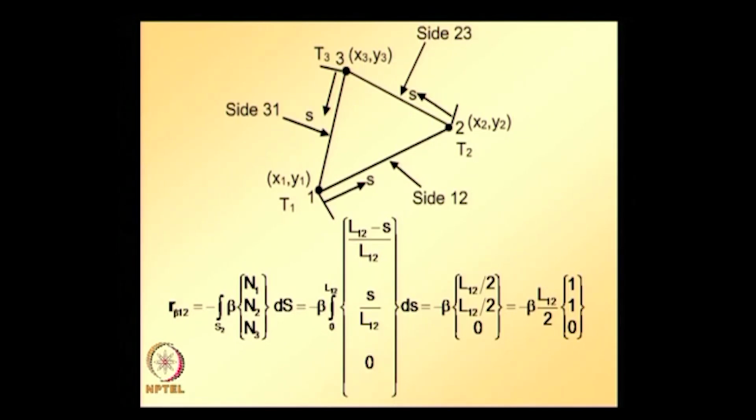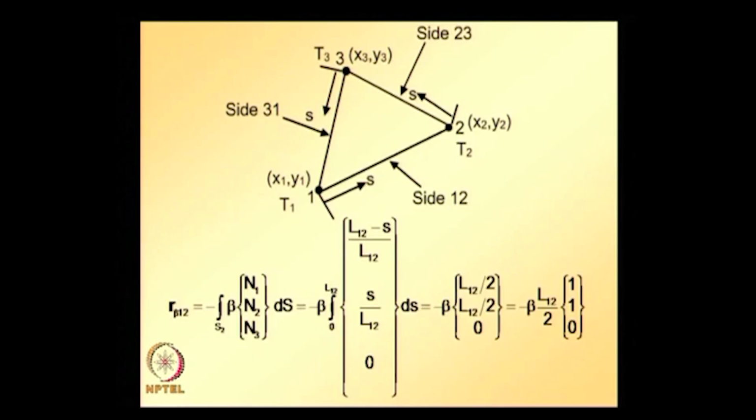Substituting N, which comprises of component of shape functions or shape function value N1 N2 N3, put in a vector form, substituting that r beta can be written as beta times a vector consisting of N1 N2 N3 integrated over side 1 2, and that can be rewritten by substituting the shape function of N1, N2, N3.